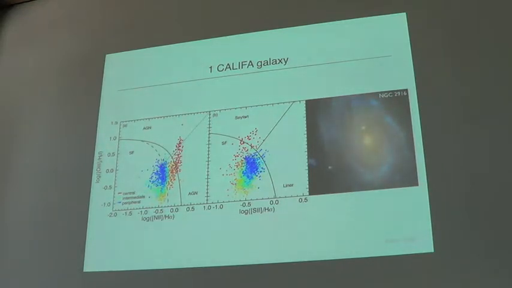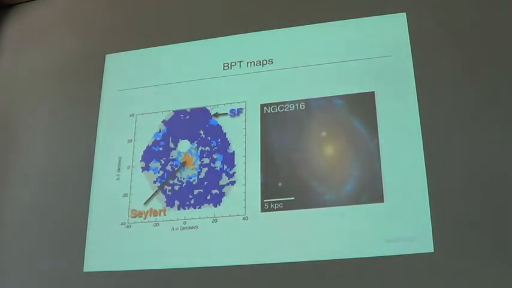Maybe this diagram is not the best representation to look at it, so I also show you here the BPT map. In the center, again, you see the region classified as Seyfert on the previous diagnostic diagram, and star formation in the outer part.